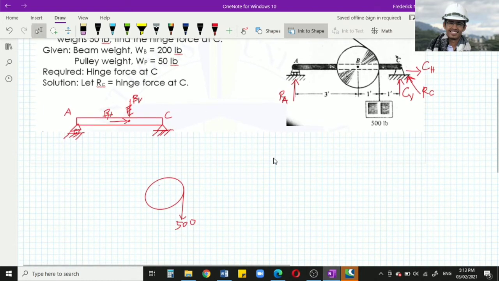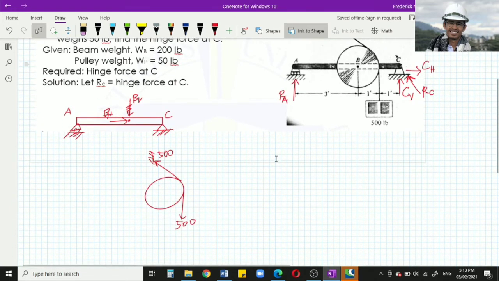Pati dito, meron tayong lagak na 500 pounds dito. So same lang, kung 500 pounds yon, this will be also 500 pounds. And given yung slope niya, which is 4 and 3. Okay? So 3, 4. So yung hypotenuse niyan, that will be 5. Okay? And ito yung point B natin.